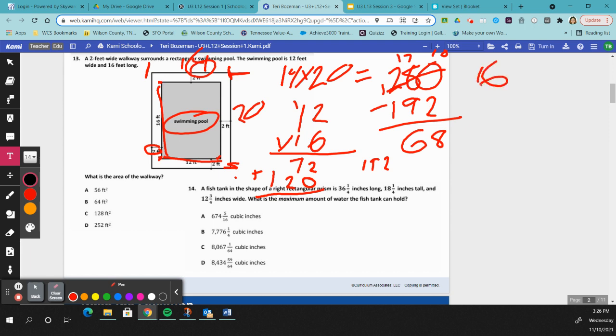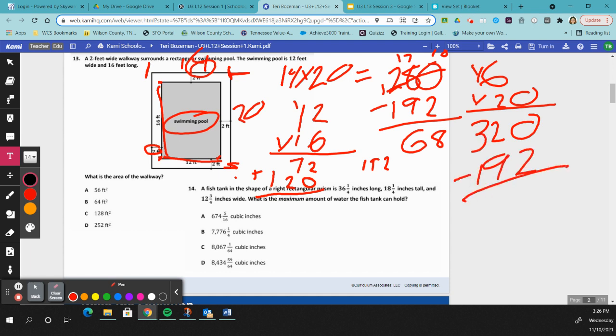16 times 20. 12 plus 4 more is 16. So 16 times 20. 0, 2 times 6 is 12, 2, carry your 1. 2 times 1 is 2, plus the 1 is 3. So 320 minus 192. Let's try that one. So again, we're borrowing.